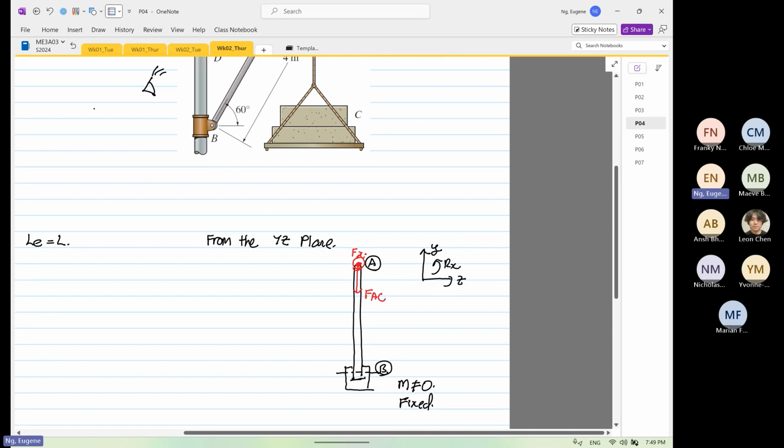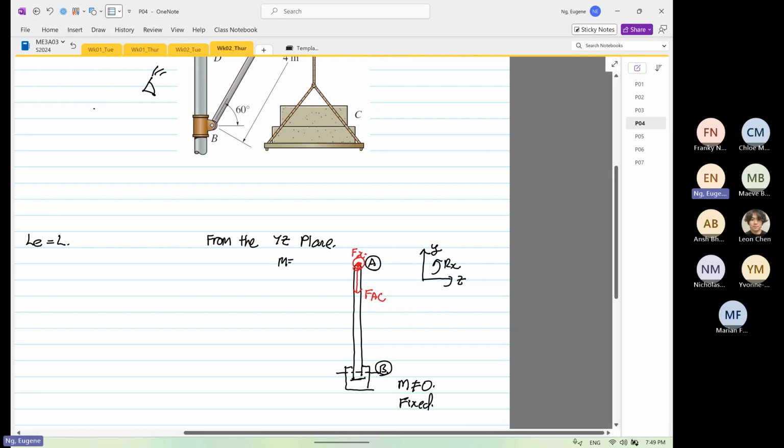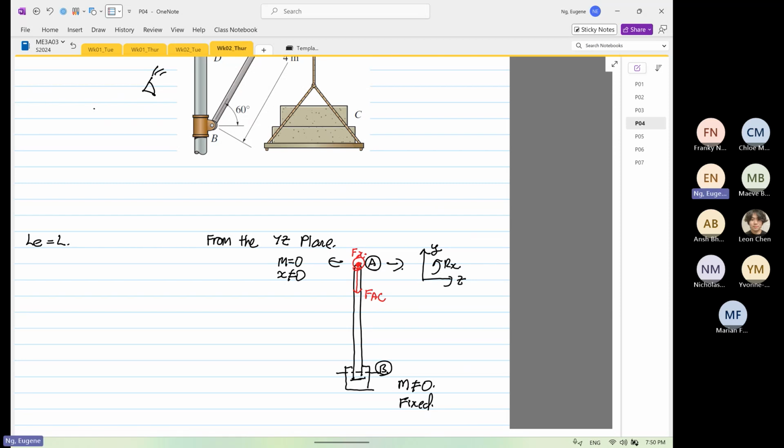So at the top, point A, the moment is equal to 0, X is not equal to 0 because the structure can go left and right. The structure for this case can go left and right.